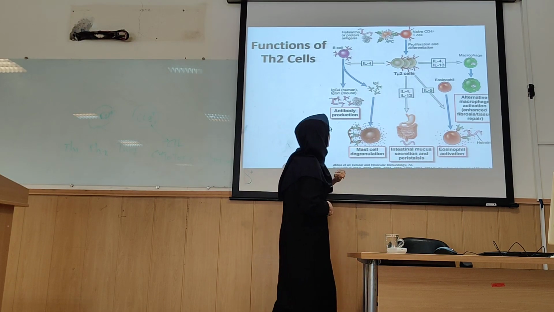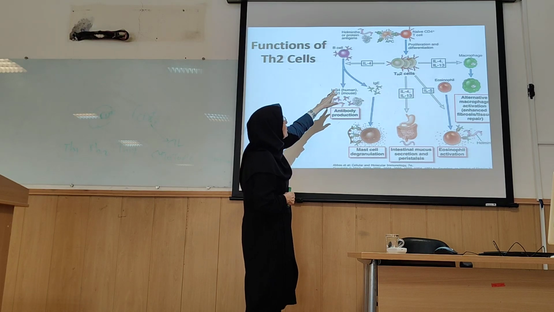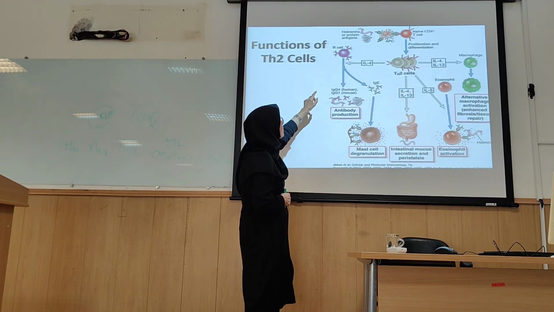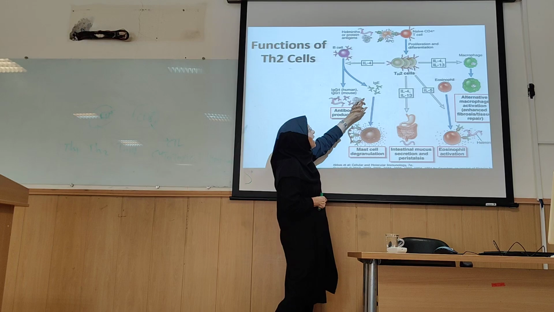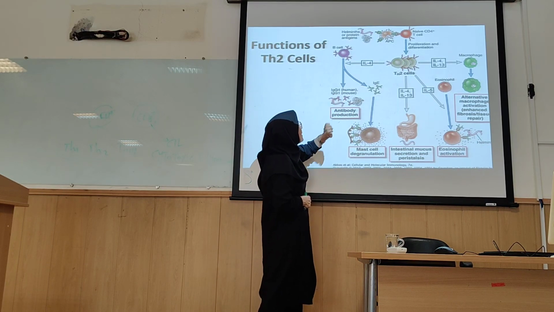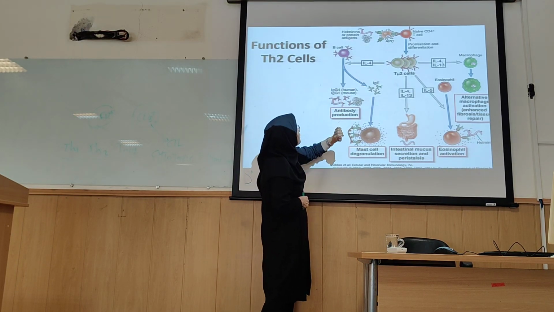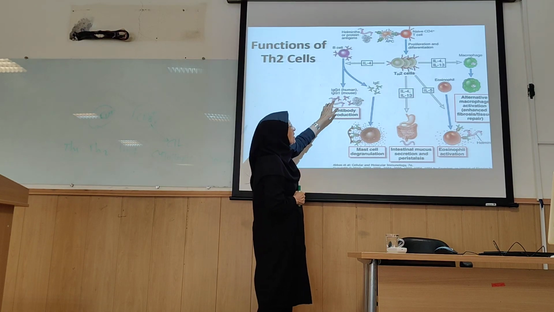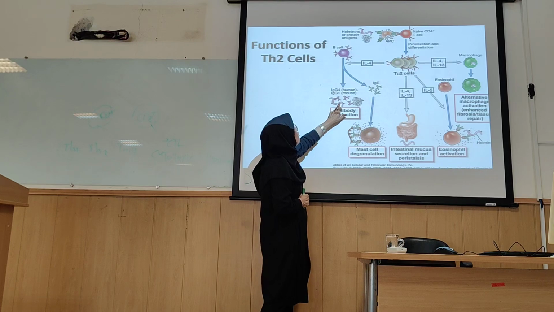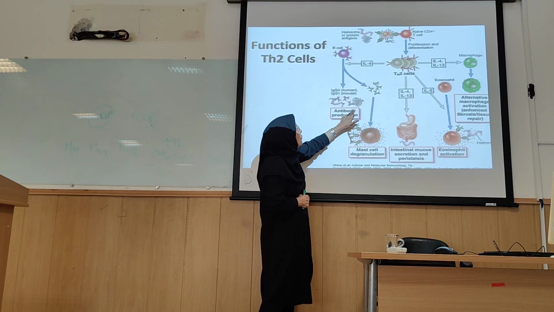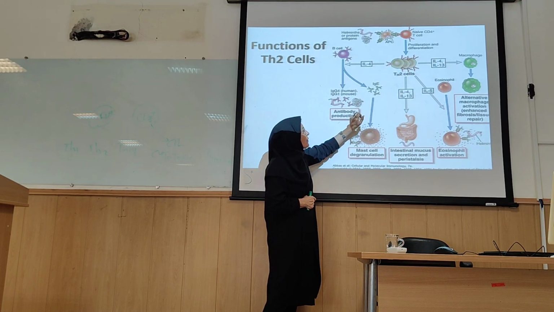And interleukin 4 affects B cells to produce IgE and IgG4 in humans. This antibody production, IgG4, removes helminths or protein antigens.